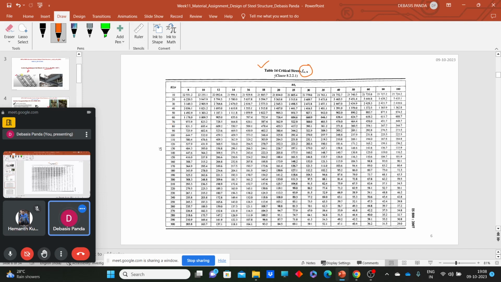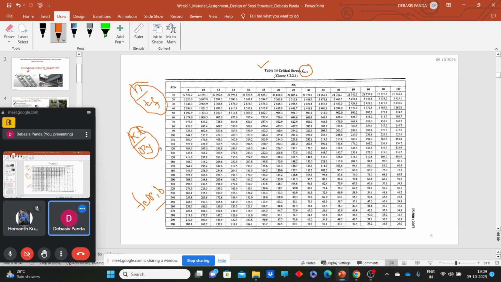The value of FCRB depends upon lambda, that means KL by RY for this particular section. If we know the overall depth H by TF ratio for a particular section, if we know these two parameters, then from Table 14 we can easily calculate the value of what? FCRB.